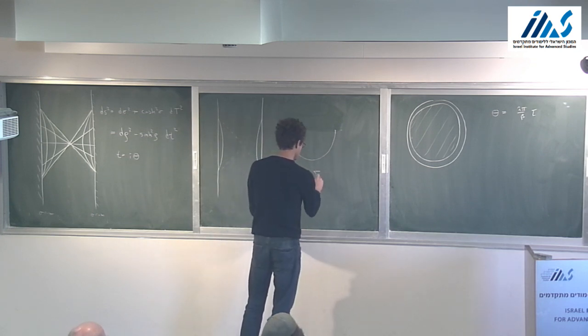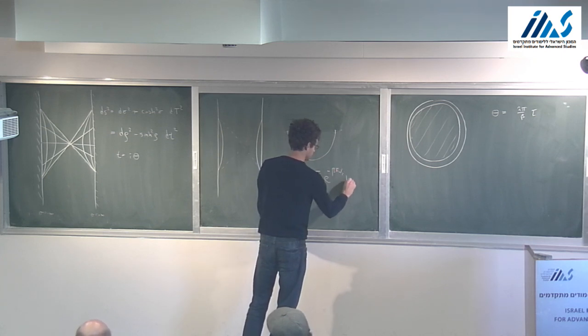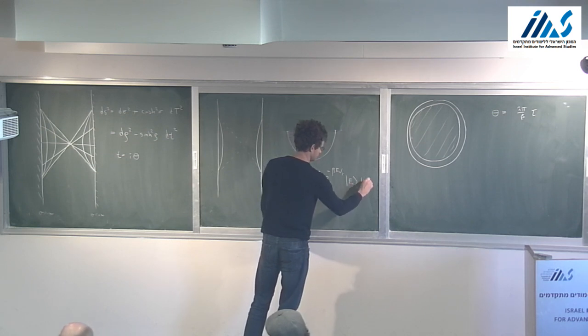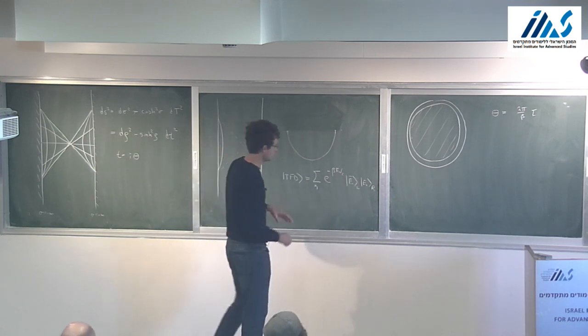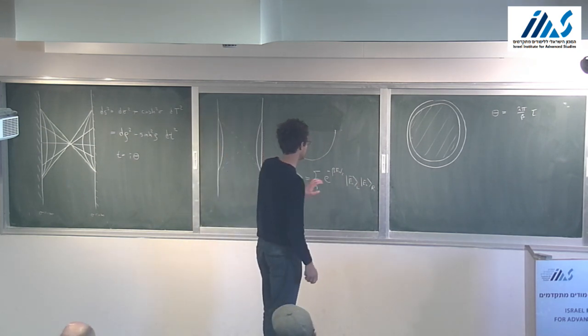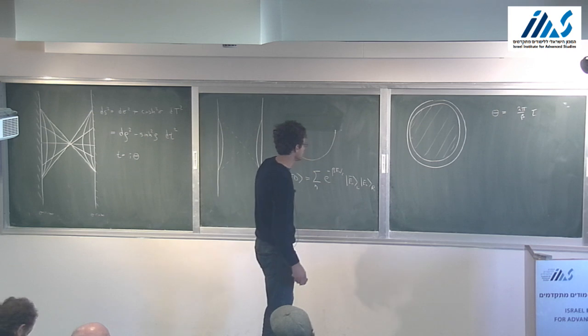And it has the following expression. It's a sum over the energy eigenstates of two copies of our quantum system called L and R, for left and right.